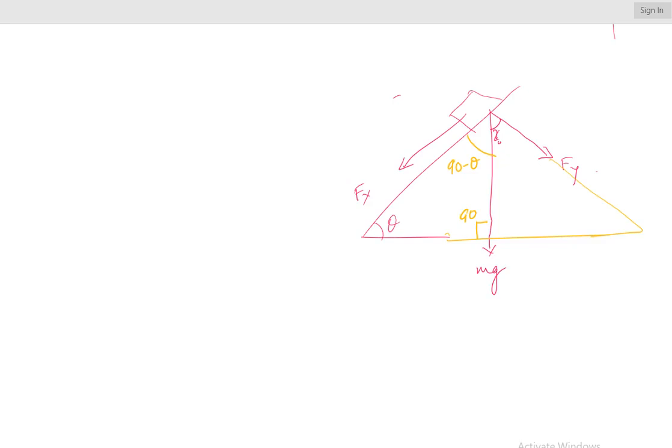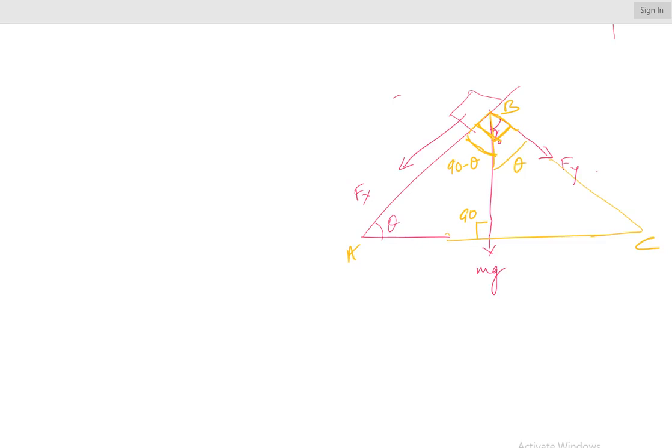Now look at another triangle, this big triangle, which I call ABC. In this triangle, angle B is 90 degrees, right, because it's coming perpendicular to the surface. In this 90 degrees, if this is 90 minus theta, what is the rest? That should be theta, right?